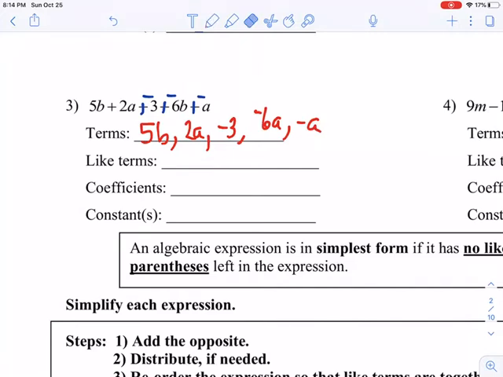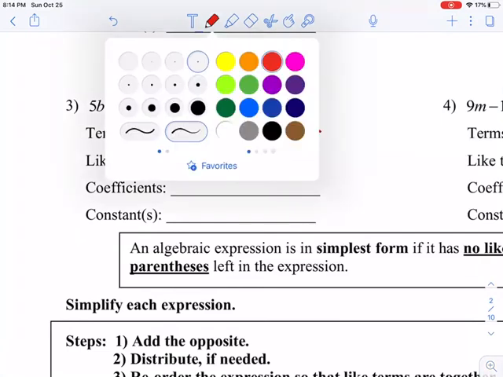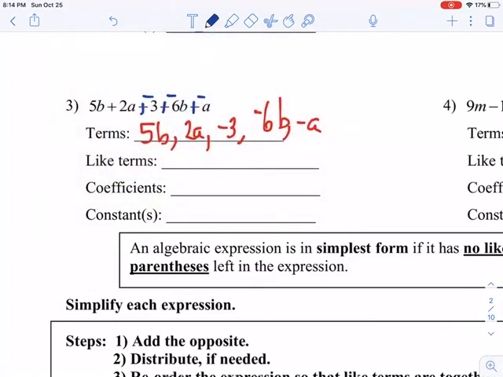Oops, and I just noticed I put a -6a when it's a -6b. So actually, we have 2 sets of like terms. So one set of like terms would be the 2a and -a. And then another like term set would be the 5b and -6b.